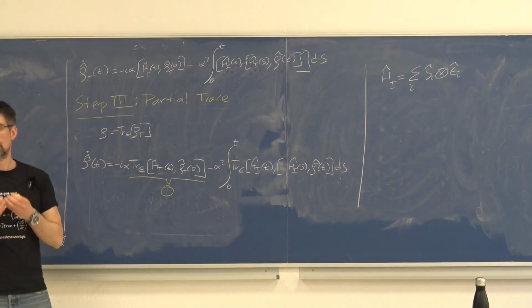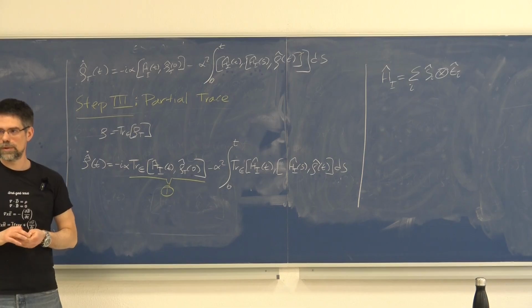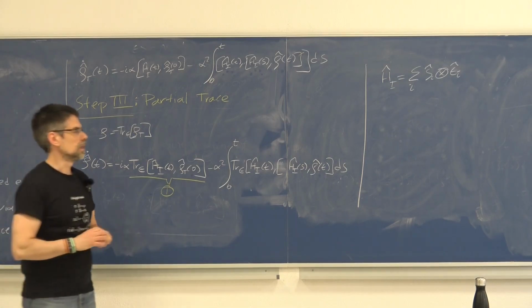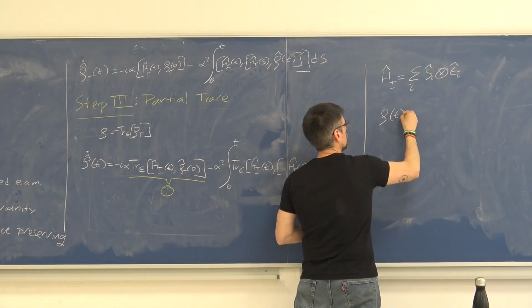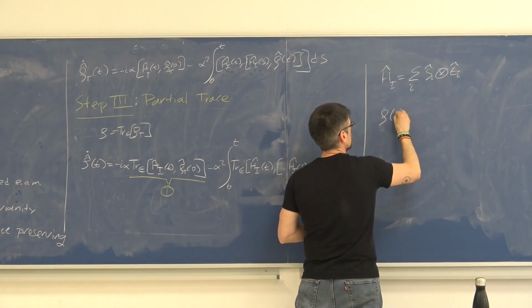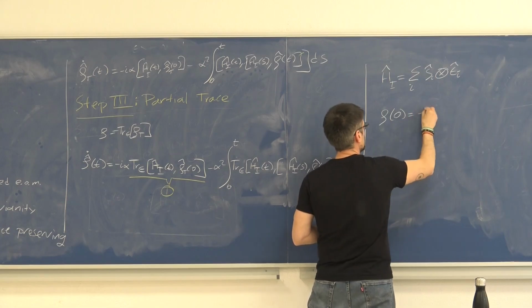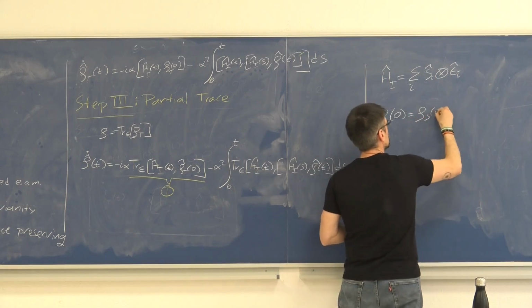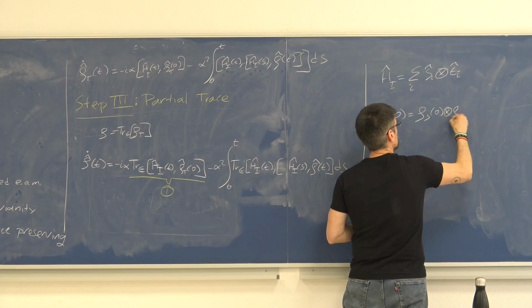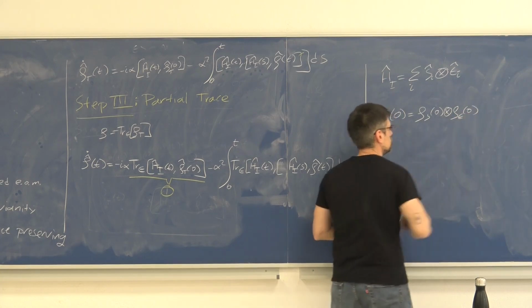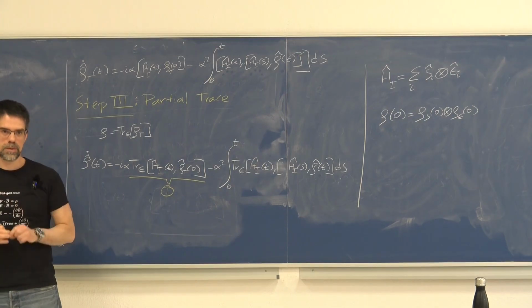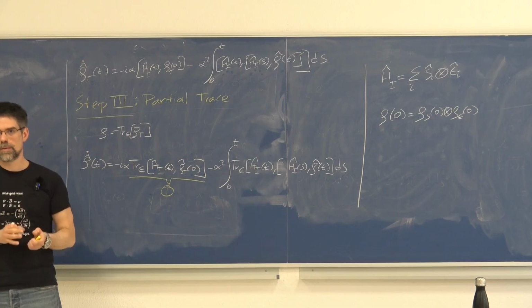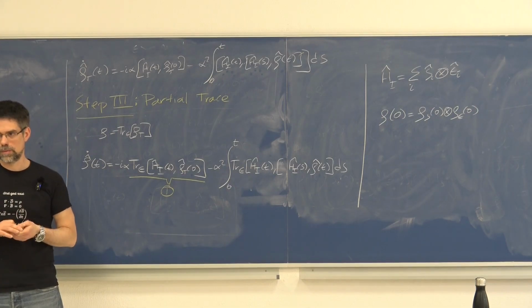And there comes another very strong assumption that we are going to make. Well, we can relax it a little bit, but then we will make it stronger later on. What we need at this point is to assume that at the initial time, both system and environment were uncorrelated, were separable.